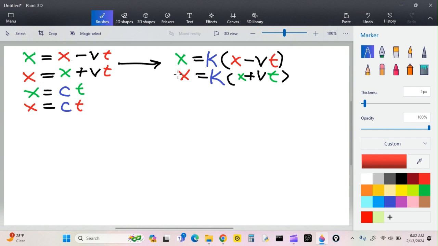But the red x from the other perspective, where you're only dealing with green variables, is this constant times x plus vt. So this is a new idea, that there's a t in there. Each one of these constants has to be able to relate one to the other, because they should be equivalent from either side of this viewpoint.